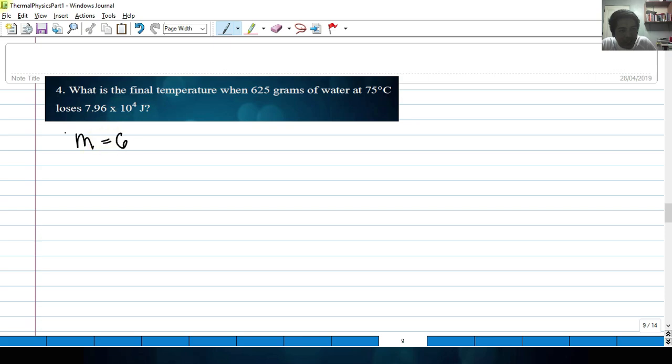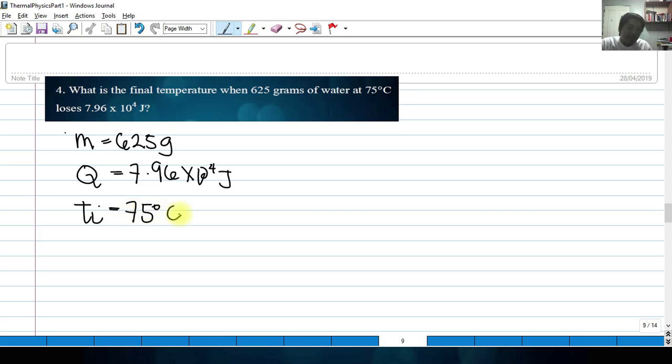M is equal to 625 grams, and our Q is actually 7.96 times 10 raised to 4 joules. The initial temperature is given as 75 degrees Celsius. So we are asked for the final temperature.